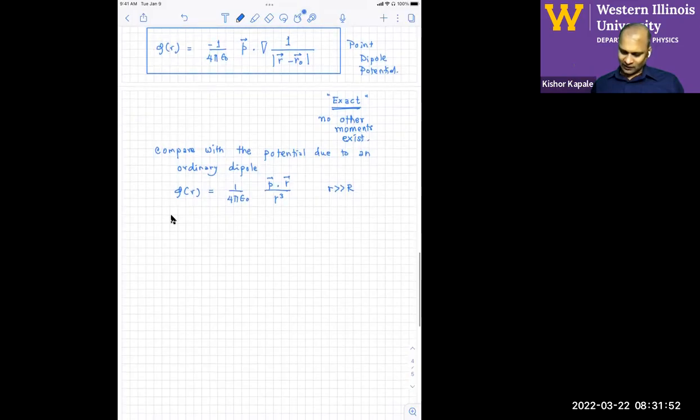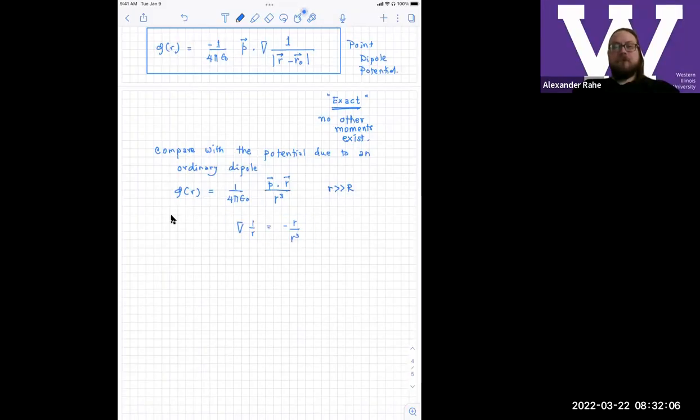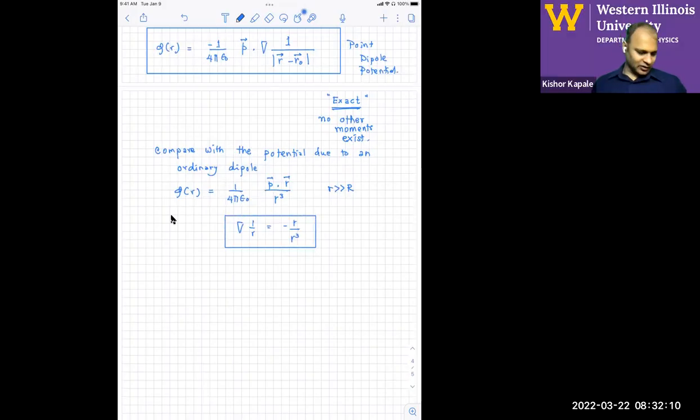It's all there, right? And what's the gradient of 1/R? It is minus R over R cubed, right? Everybody remembers? So they are essentially the same thing, right? The point dipole, even though it's in the limiting case, we found that it is essentially similar looking.